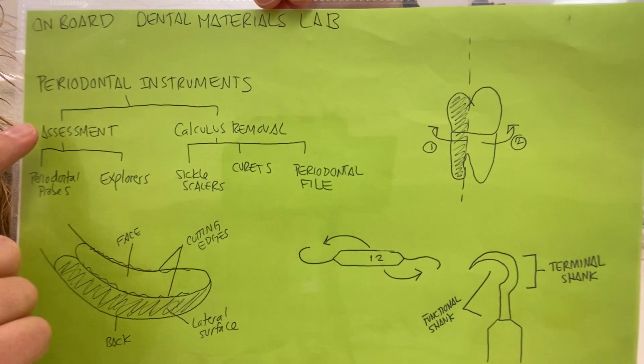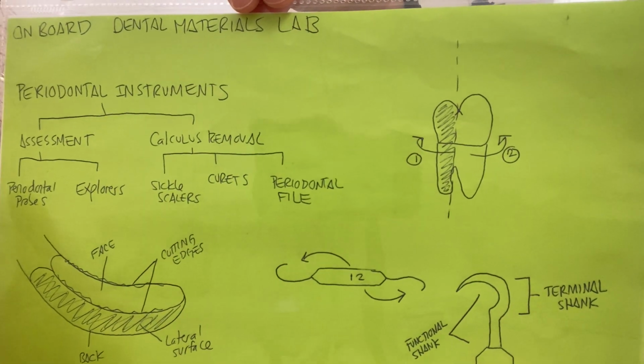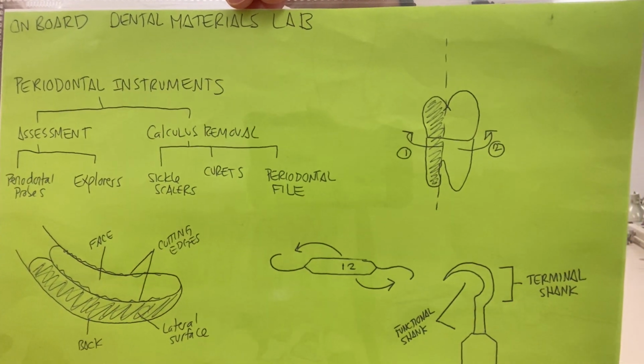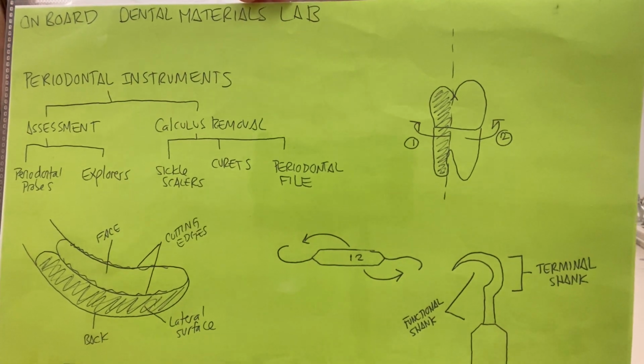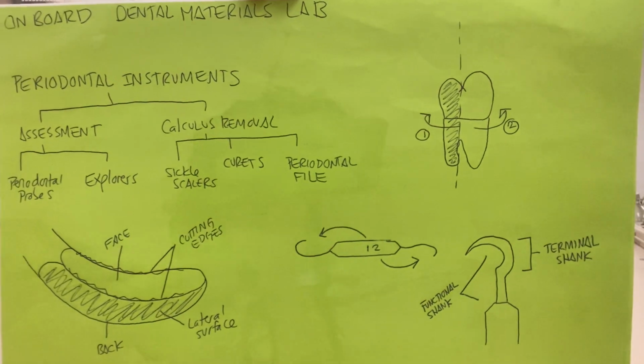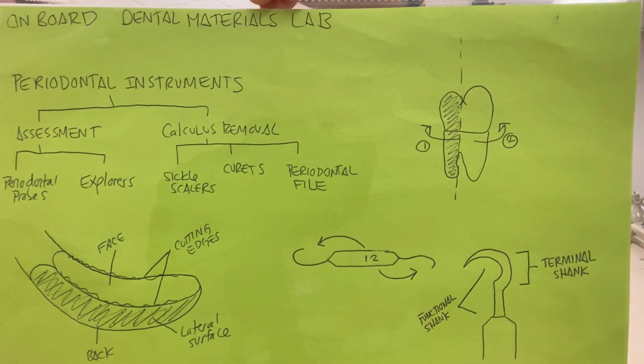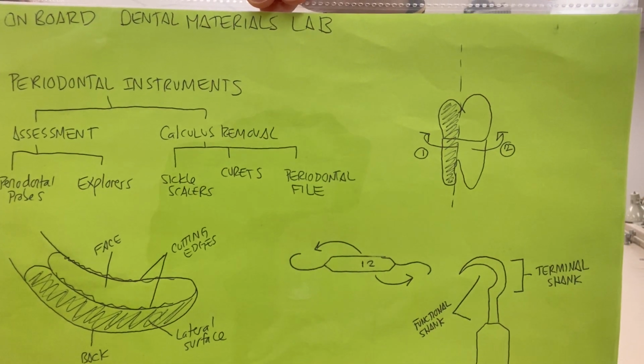And so what you all have learned so far is assessment instruments, where we've got the Explorer that you practiced and the periodontal probe. And so with these types of instruments, we are not treating, we are assessing, or we are looking for the things, trying to figure out what this person has going on at this point in time.